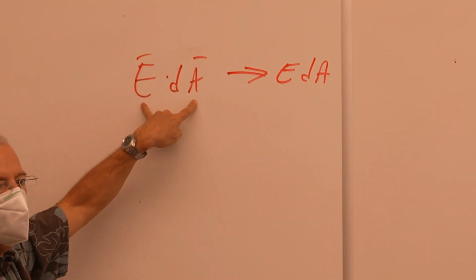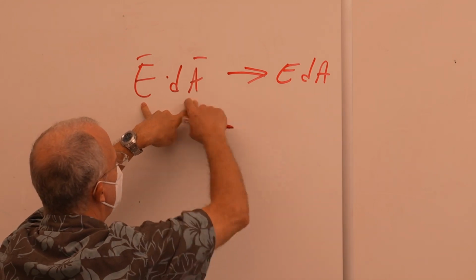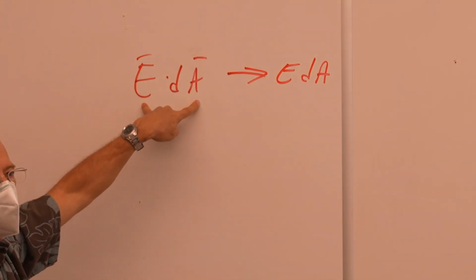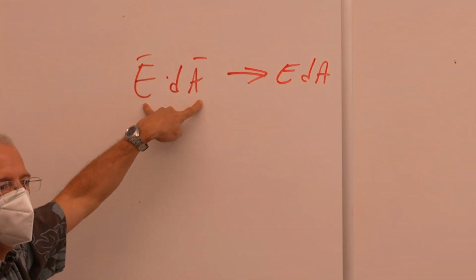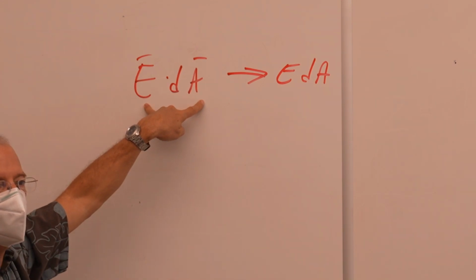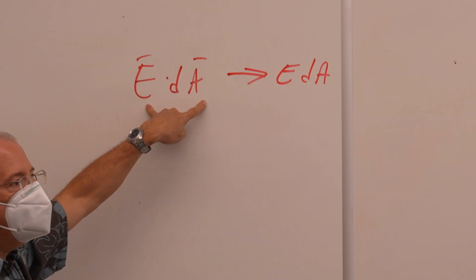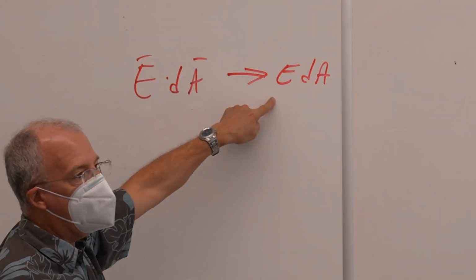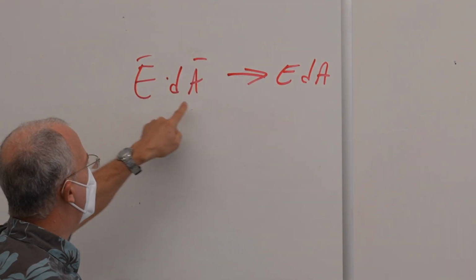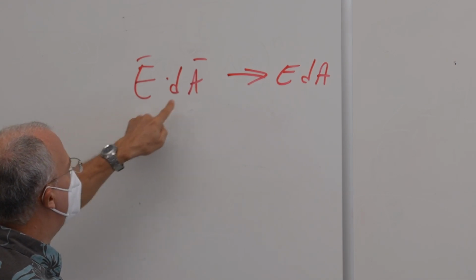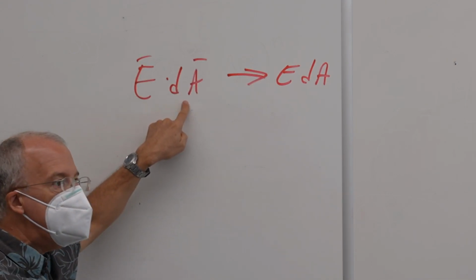What do they have to be if we want this to go to that? Magnitude only. Parallel or anti-parallel, right? Because we're not caring about the signs. So we always want that to be true. We want the E field lines to be parallel or anti-parallel to the dA lines.